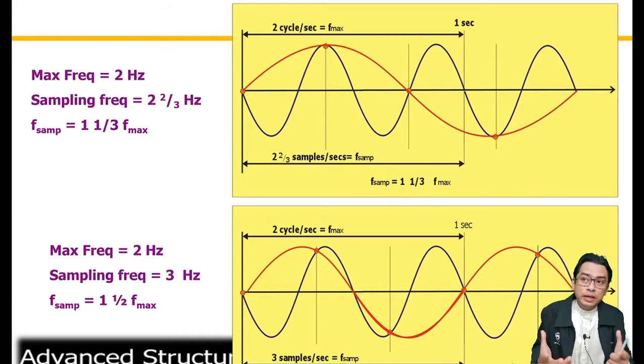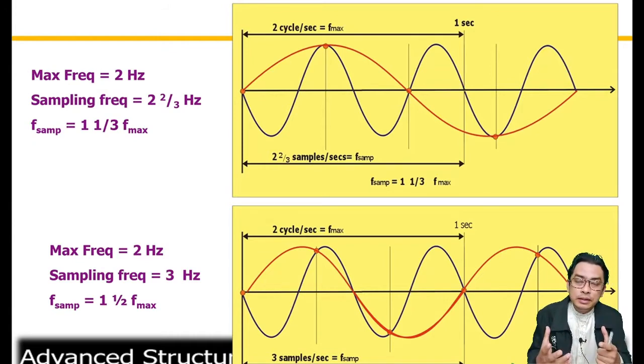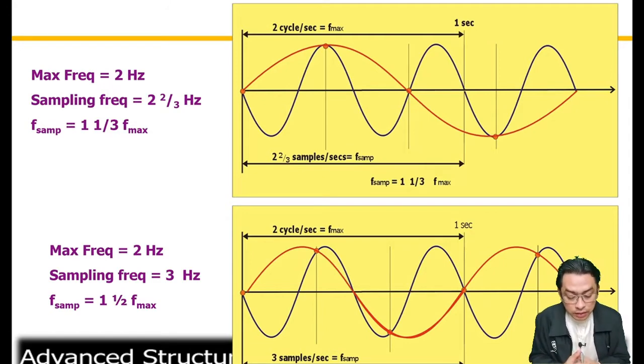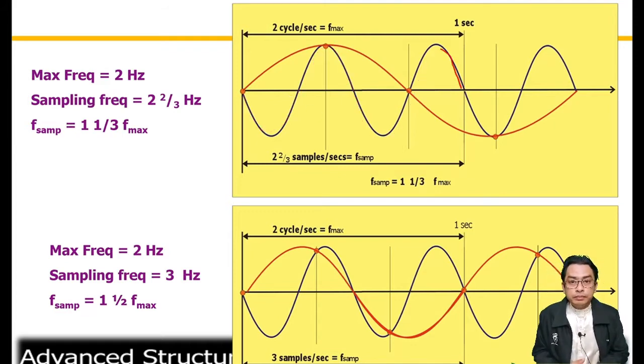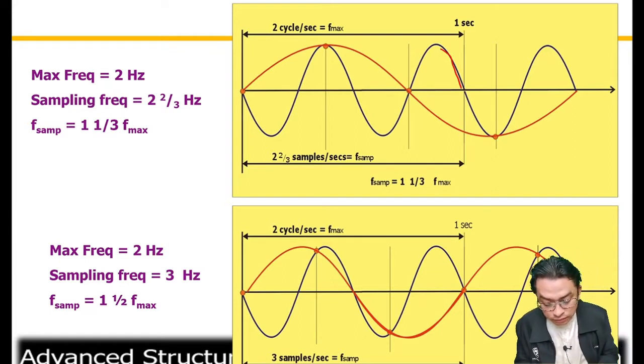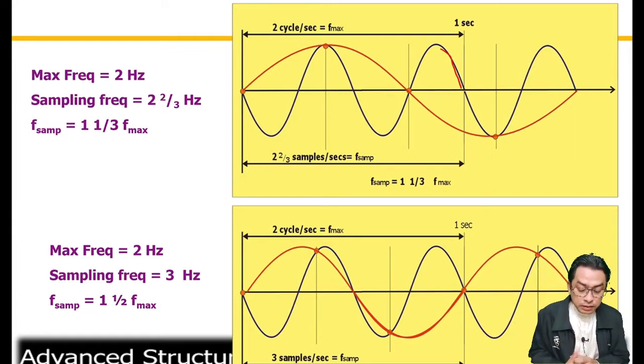So how do we find the best sampling for the input frequency? We go case by case. Let's say the maximum frequency of the signal is 2 Hz, which is 2 cycles per second. Then let's say we give a sampling frequency slightly above 2 Hz, which is 2 and 2/3 Hz.